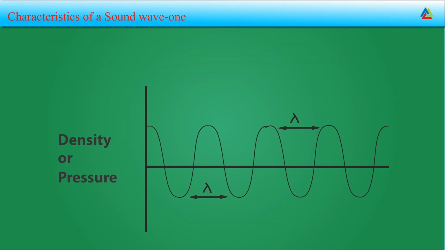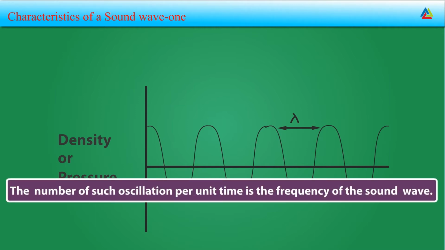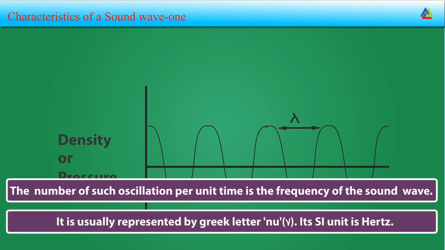The change in density from the maximum value to the minimum value, and again to the maximum value, makes one complete oscillation. The number of such oscillations per unit time is the frequency of the sound wave. It is usually represented by the Greek letter nu. Its SI unit is hertz.